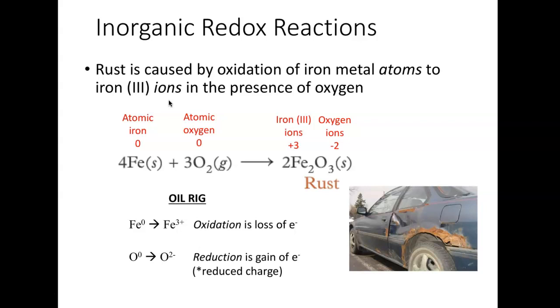Its charge was reduced, so it was the reduced element. All right, so if you remember that reduction is always the reduction of charge, then that will help you identify. So I usually try to identify the reduced agent first, and then the other thing is the one that got oxidized. So if the charge goes down, it got reduced, and it got reduced because it gained electrons, which are negative. I know, it's super confusing.